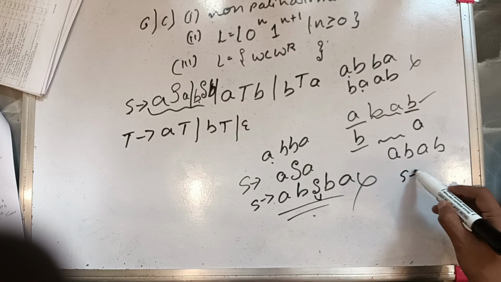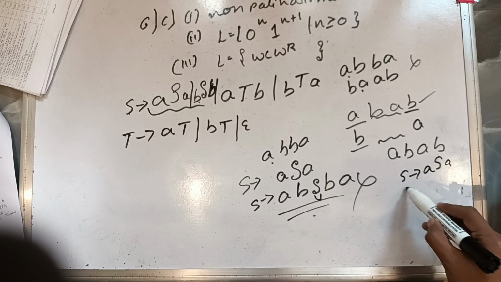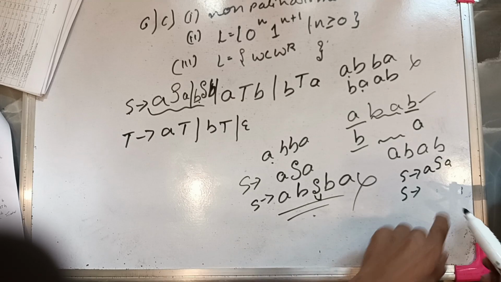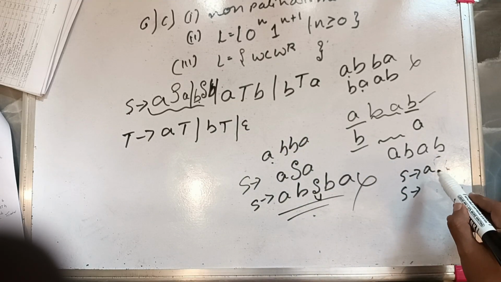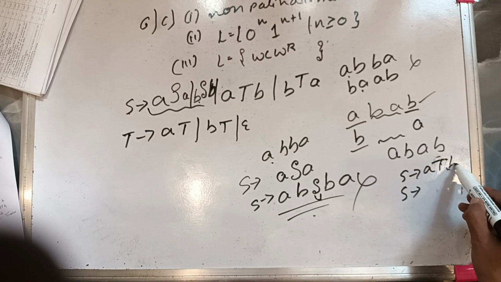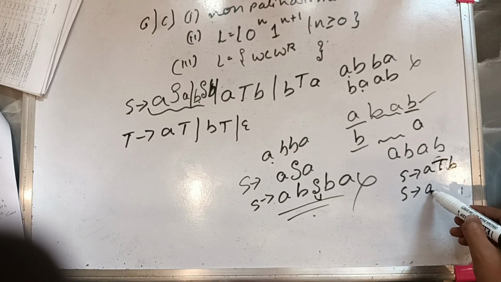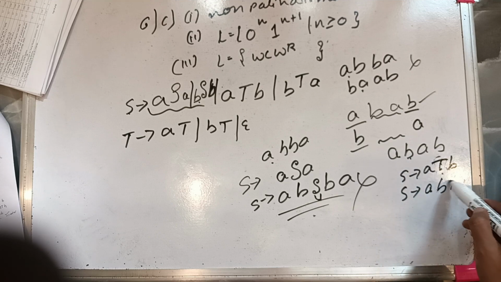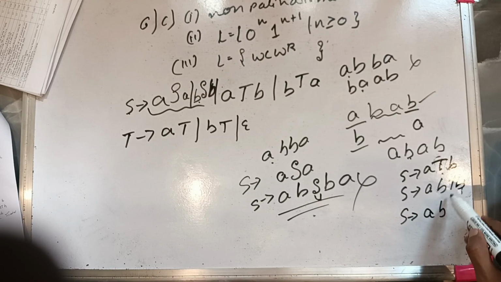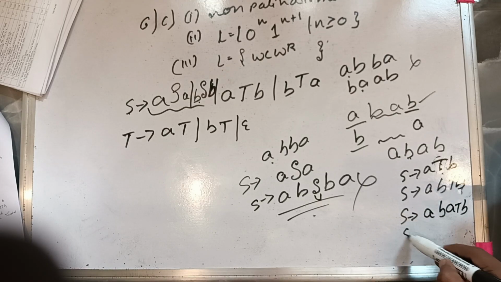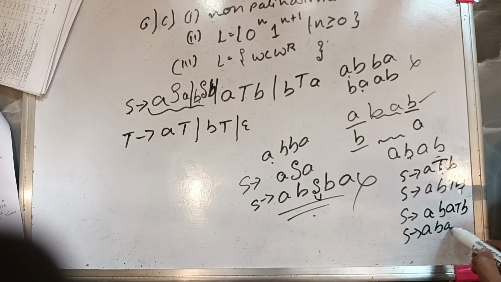And S gives ASA, after that, okay, here it starts with A and ends with B, A T B, and here T derives any number of A's and B's, so I require B here, B T B, and after that A B T gives A T B, S gives ABAB.